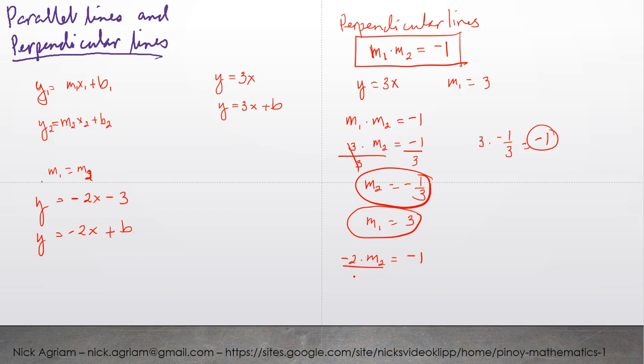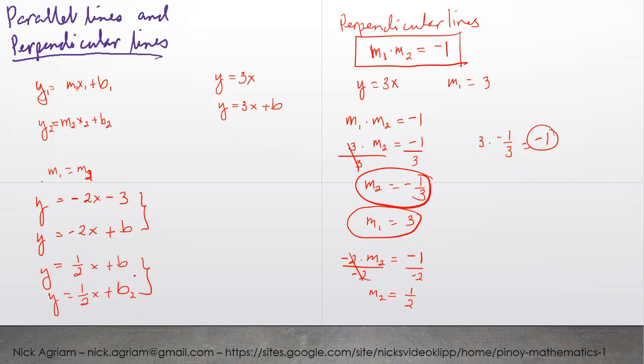Then I divide by negative 2 on both sides, and I have m sub 2 is equal to 1/2. That means a perpendicular line is 1/2 x plus b. And if I find another parallel to this line, then I have 1/2 x plus b.